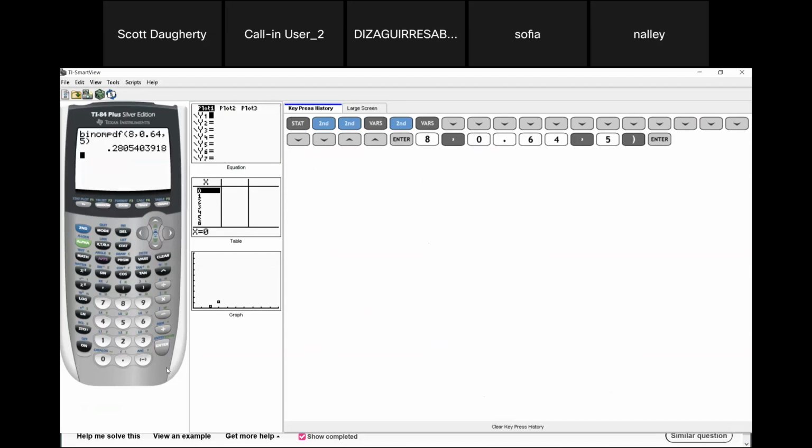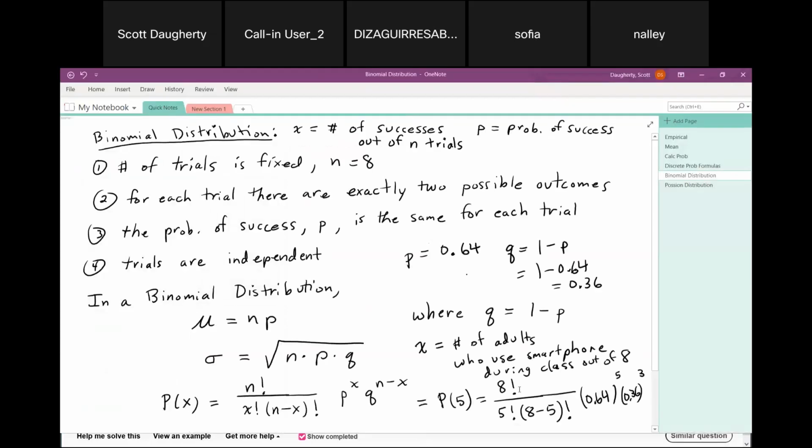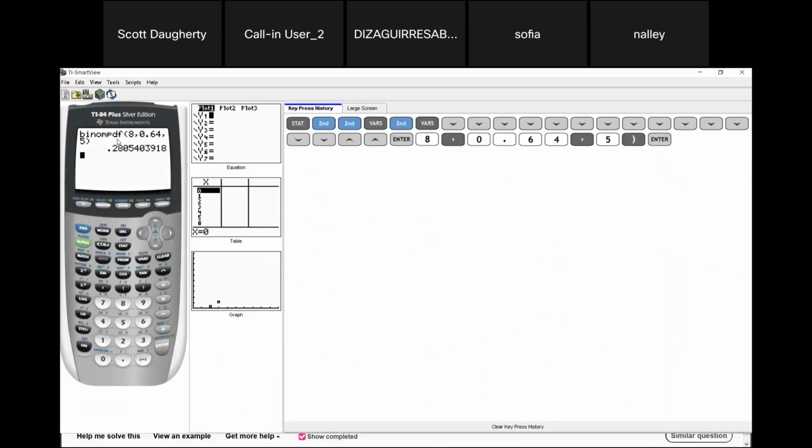Okay, so that's how you work out that kind of problem. Now, again, it really comes from the formula that I showed you down here. And you could type this all into your calculator and you would get the same answer. It's just a little bit easier to use this binom PDF function.